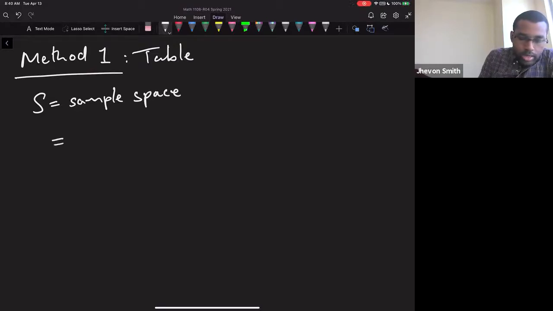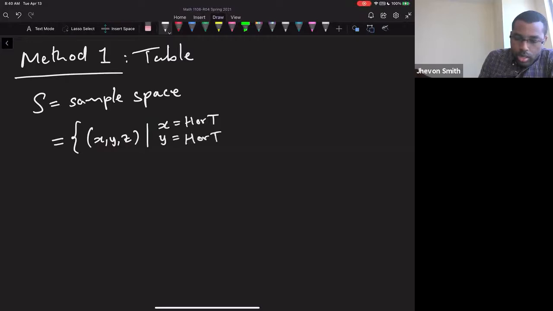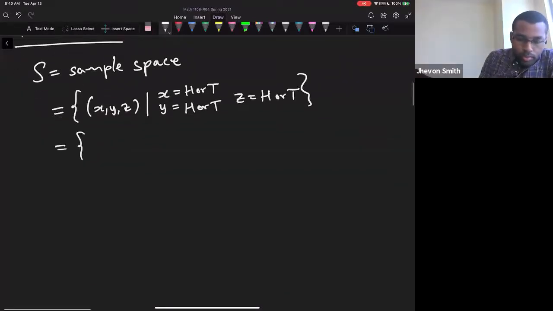Think of it as the coin tosses. So it's X, Y, Z, such that X equals H or T, Y equals H or T, Z equals H or T. So it's the set of all triples, right? So it can be heads, heads, heads, heads, tail, heads, etc.